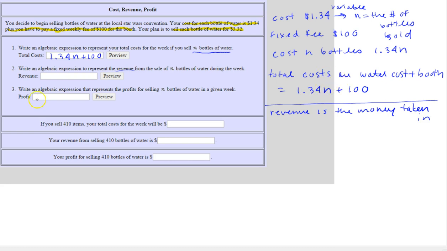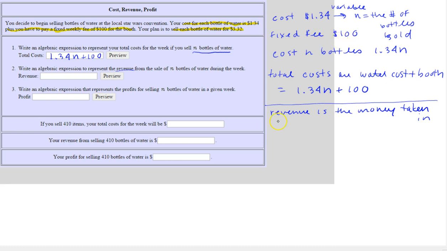And that's what we're going to find next. The revenue is, you can think of it as how much money you'd have in your till at the end of the day. So maybe at the end of the day or week, you have $1,000, but you didn't really make $1,000. You took in a revenue of $1,000. You still had to pay for the water and the booth.